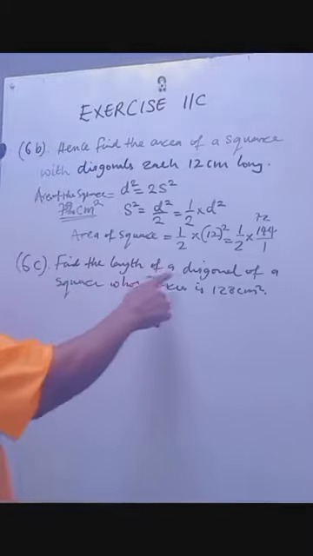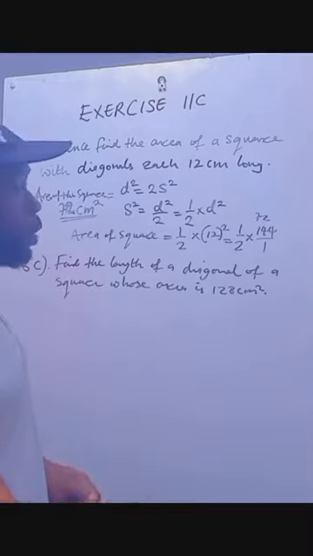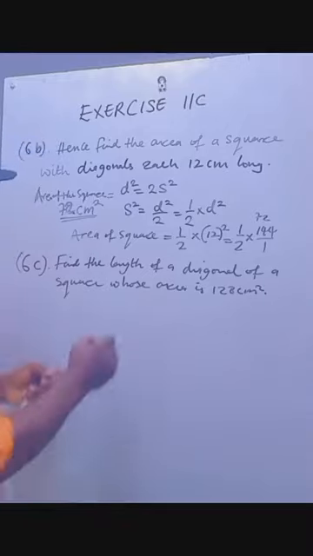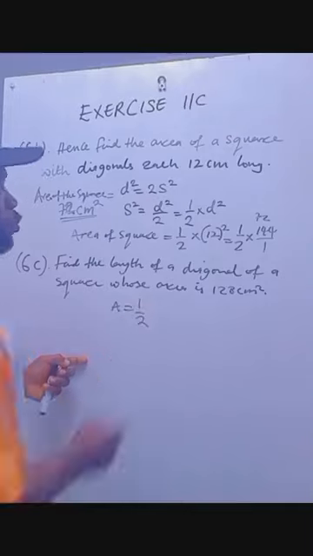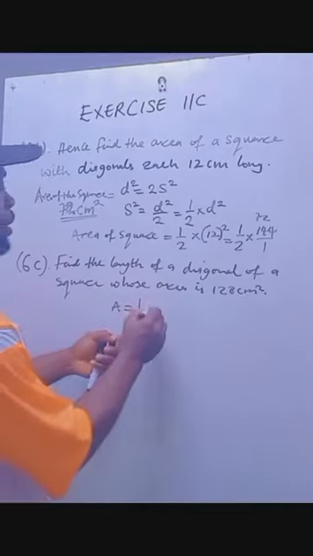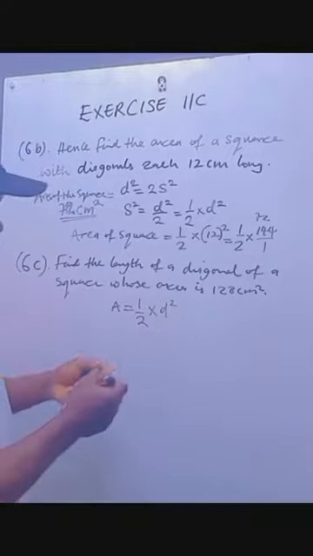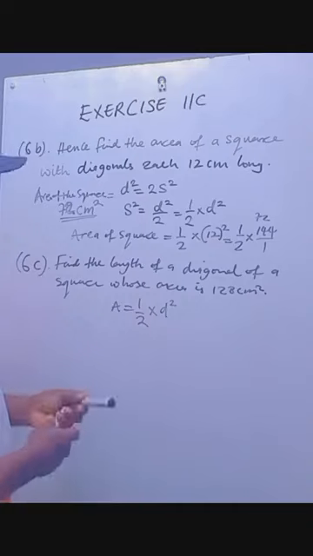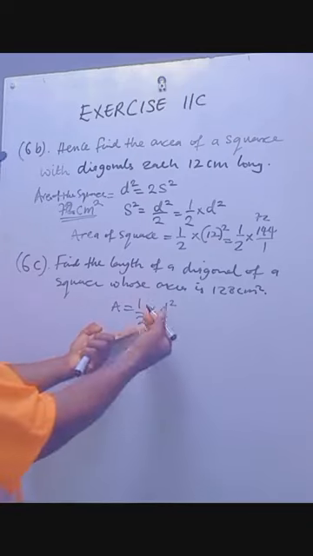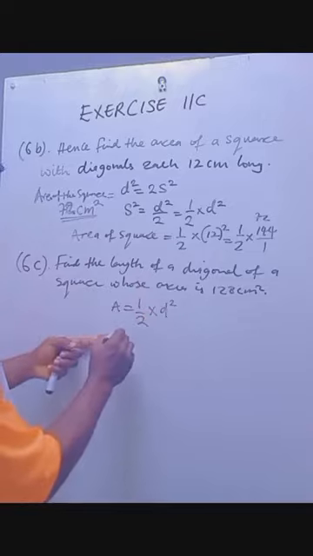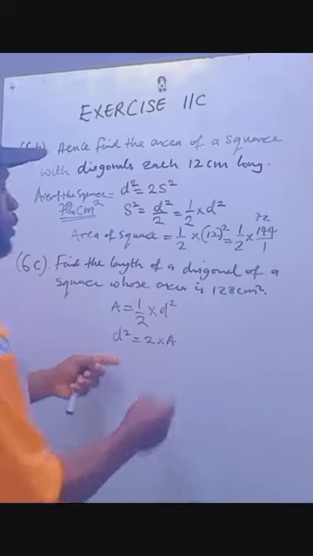Part c, find the length of a diagonal of a square whose area is 128 square centimeters. So let the area of the square be A, which is equal to 1 all over 2 multiplied by the square of the diagonal. So in the question, we're asked to look for the length of the diagonal. So the length of the diagonal, D squared, is equal to 2 multiplied by the area of the square.